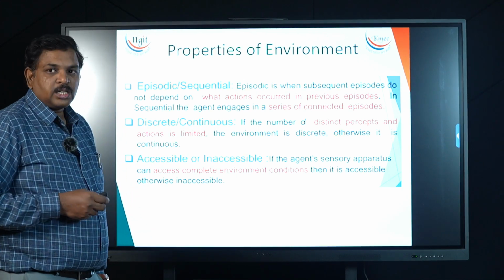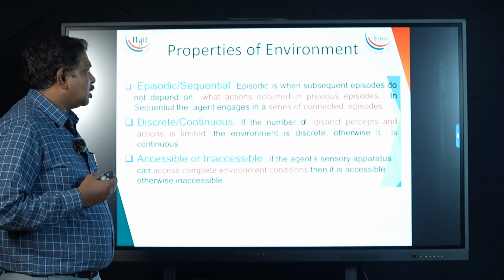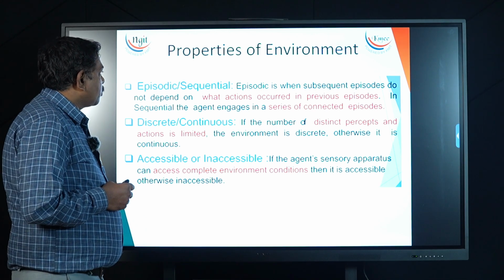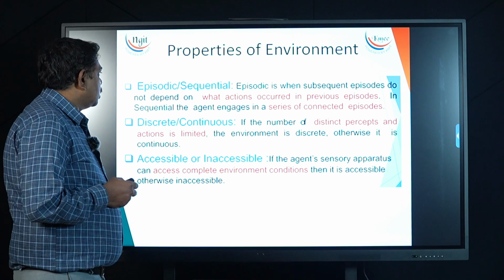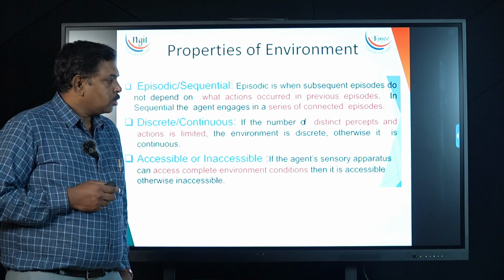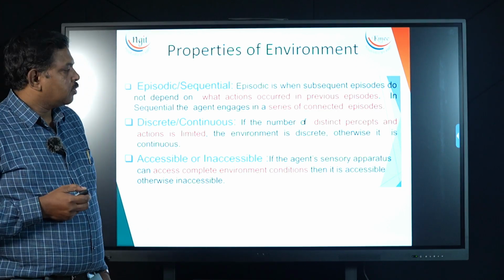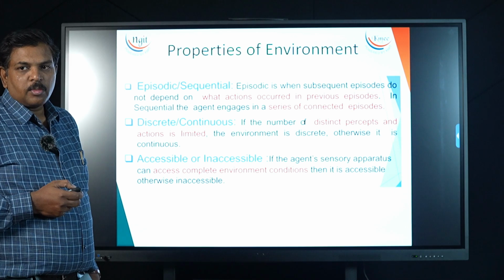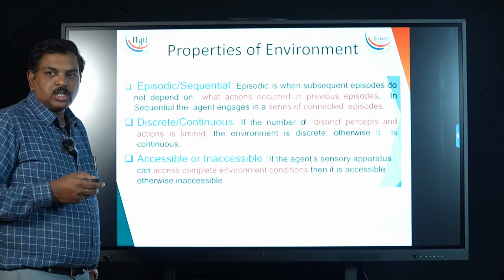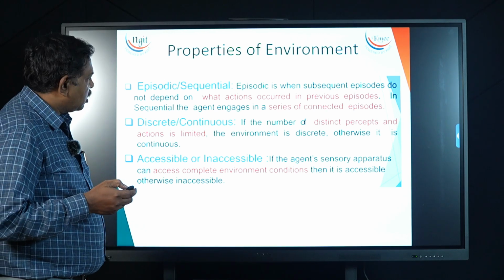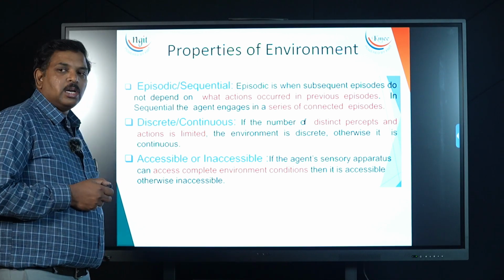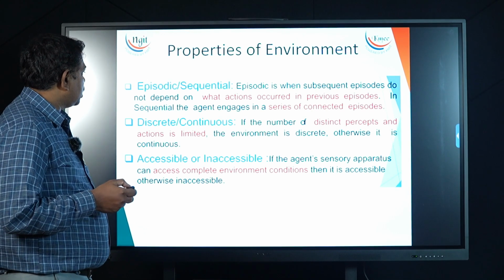Somewhere yesterday's state is not affected, and sequentially, one by one, they continue the things, like sequential environments. So episodic means the actions that occurred in a previous episode affect the subsequent episodes. Such kinds of environments we should also take care of. Next, like teaching: suppose the agent is teaching. Is the teaching continuity, today's continuity, dependent on yesterday's state? Such kinds of environments come under episodic or sequential.